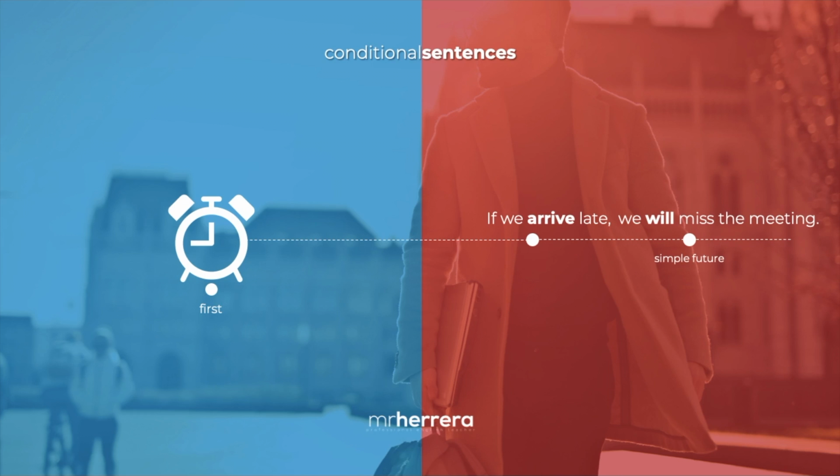But if I want to change this a little, and instead of using the simple present, well, I want to use the present continuous, that is possible. The meaning won't be affected.